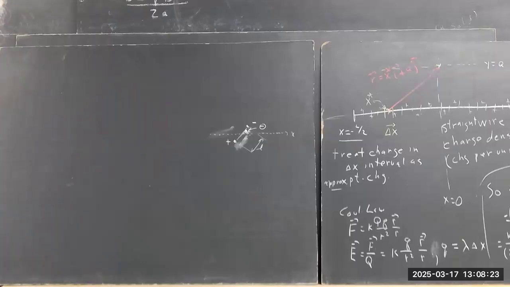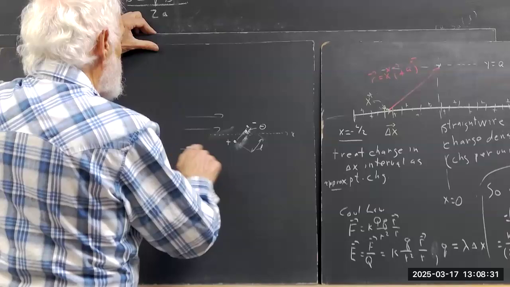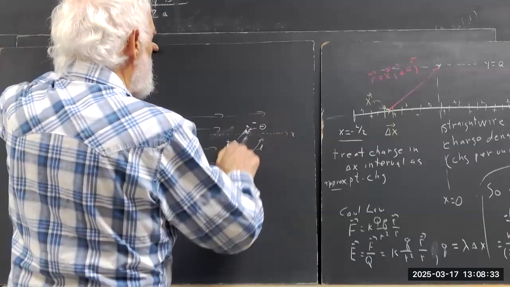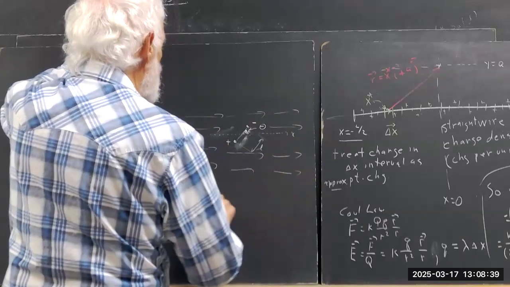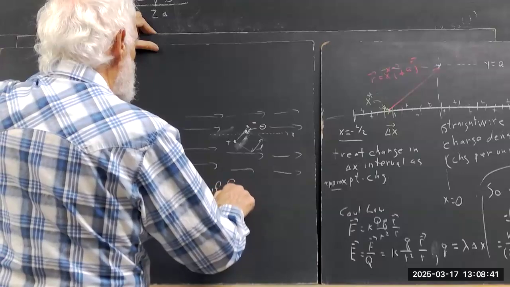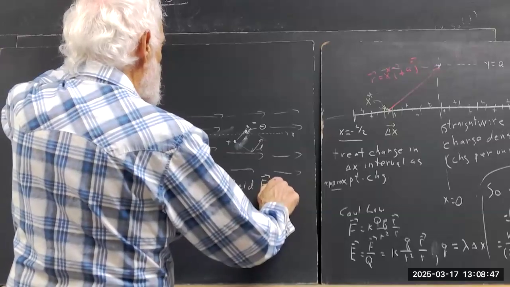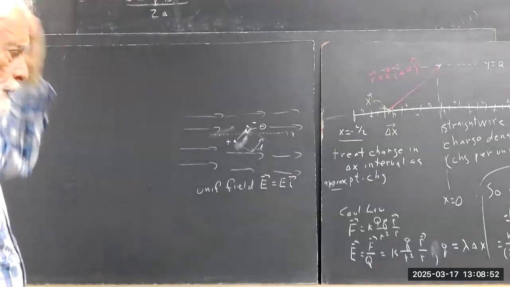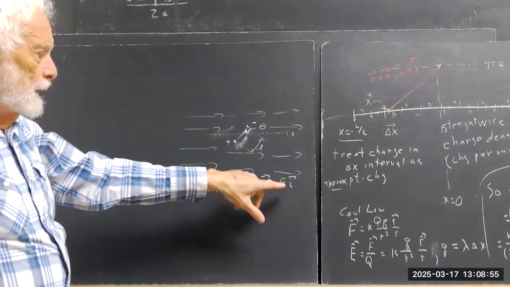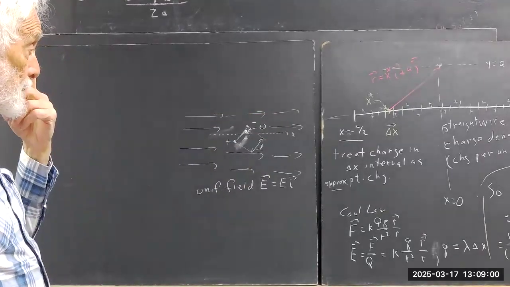Okay, this thing's at some angle theta. Let's just say we have an electric field now. Call the vector field E times the i vector, so it's in the direction of the x-axis.